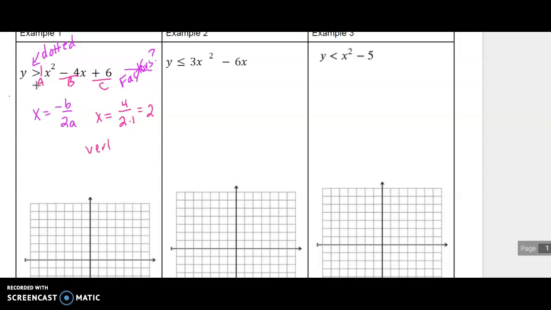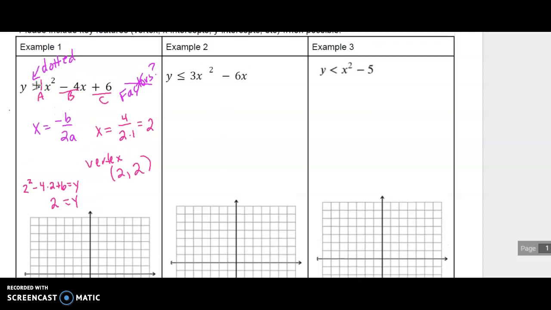So our vertex is an ordered pair at 2, and then we want to find the y value. Remember, we plug that into the original. We get 2 squared minus 4 times 2 plus 6, and that gives us our y value. Type that all straight into a calculator, and we get 2. Okay?